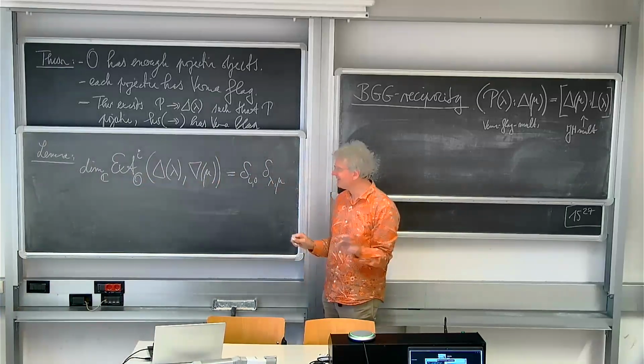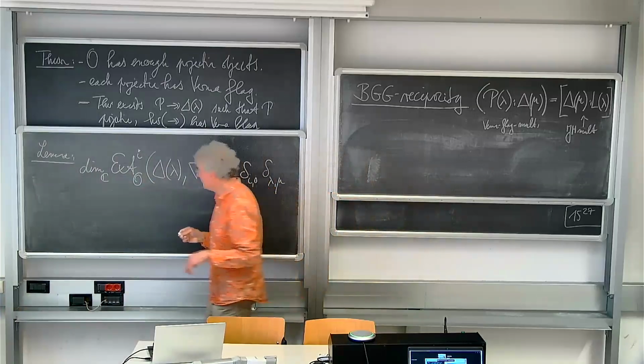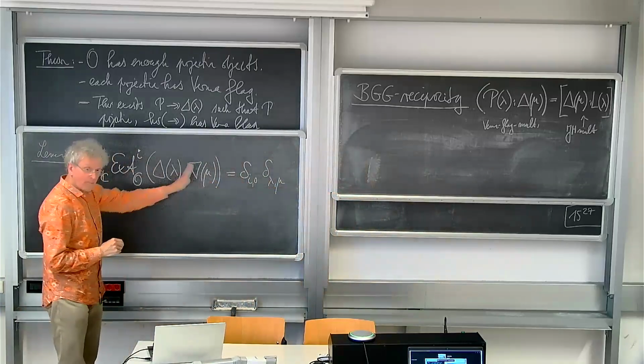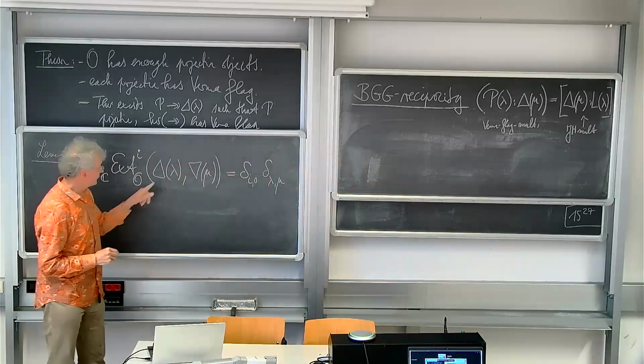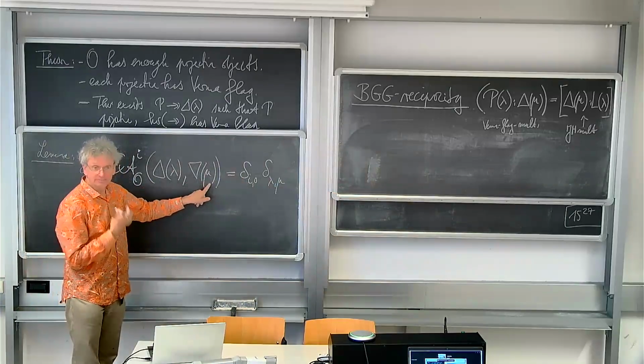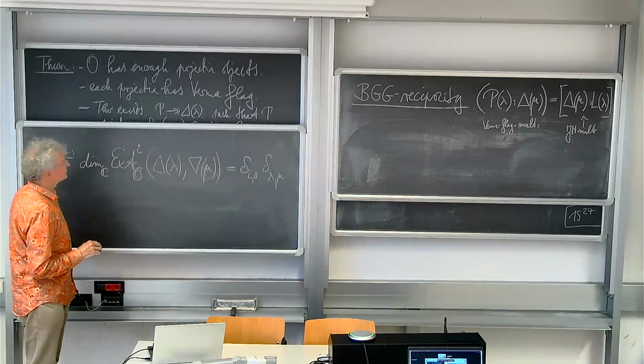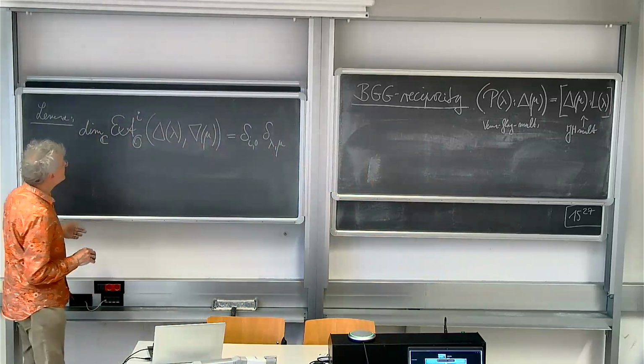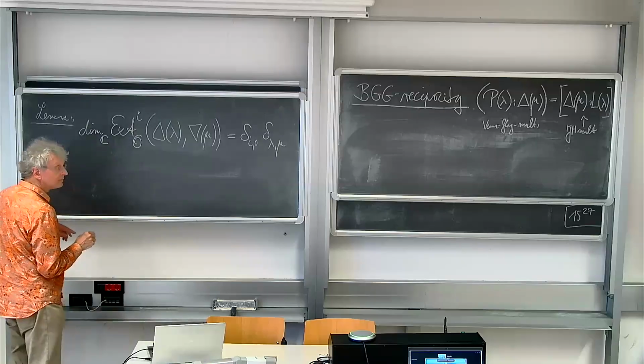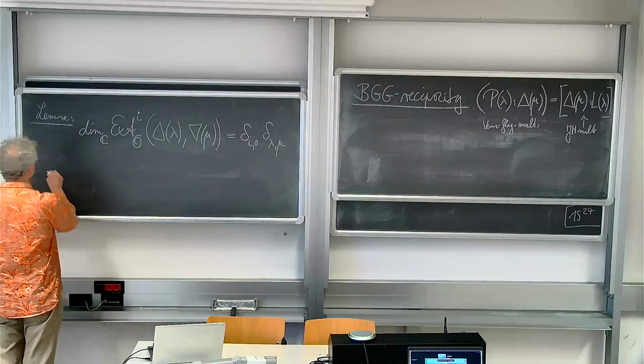So the only case in which they don't vanish is if i is 0, then just homomorphisms from the Verma module to delta lambda. That's the only case. Let me prove it.